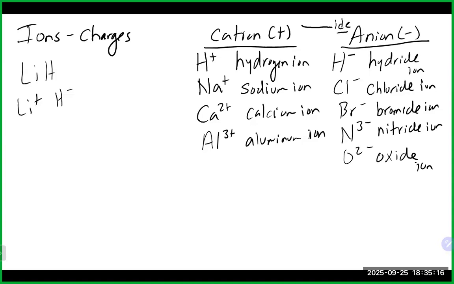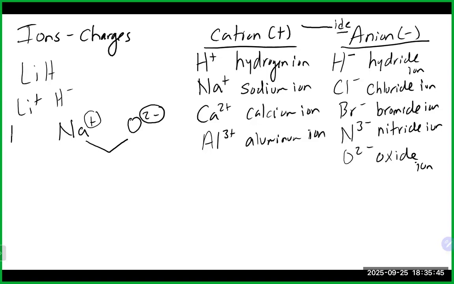Now, by the way, when we take a positive ion and a negative ion and put them together, we always want to make sure the formula has no overall charge. So if we had a sodium ion and an oxide ion and we wanted to put them together for the formula for an ionic compound, we need to make sure that both of those charges, when added together, equal 0.